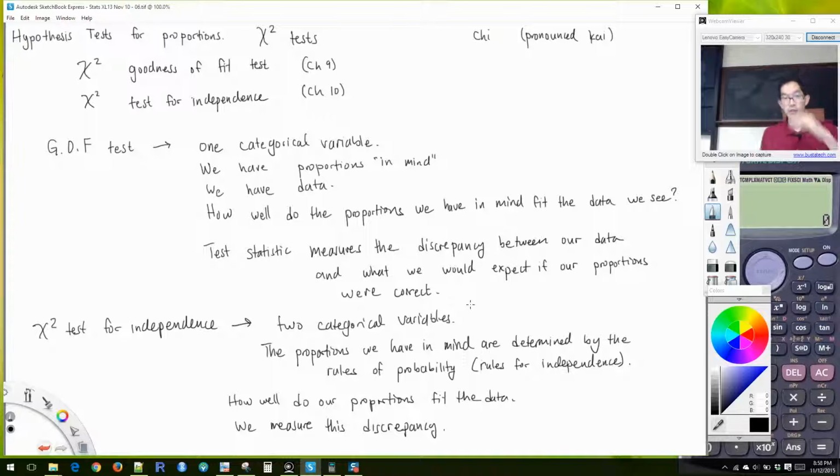We have proportions in mind, and we want to say, hey, do the data we observe, our categorical data, fit the proportions we have in mind? Or I guess it should be the other way: do the proportions we have in mind fit the data that we observed? And if there's not a whole lot of discrepancy between what we see and what we expected, we've got no reason to doubt these proportions. On the other hand, maybe we do.